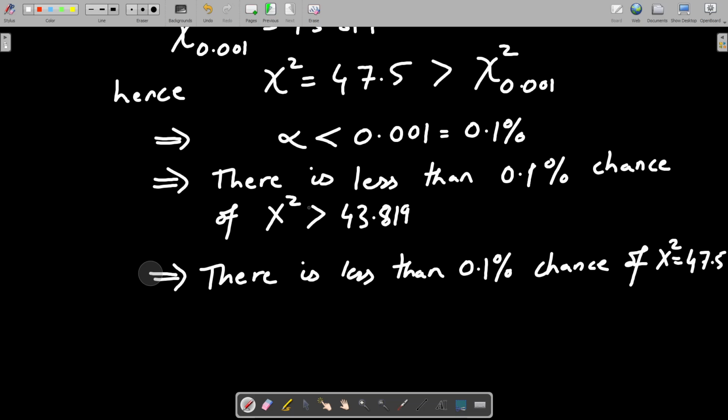Because 47.5 is greater than this, there's less than 0.1% chance of this happening.